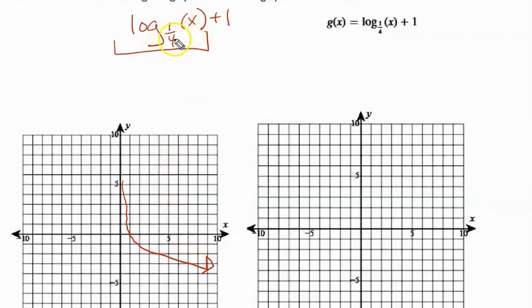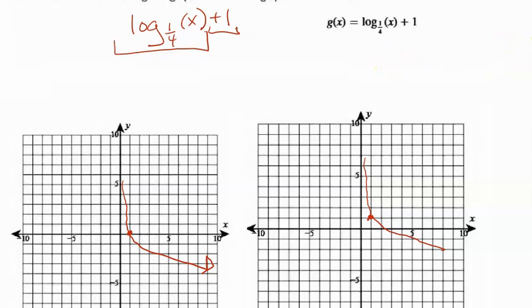So what would be the transformation? Well, we're going to move it not horizontally now, but vertically up one. So instead of going through here, it will now go through there. Otherwise, very similar. And in a sense, that was an easy one.